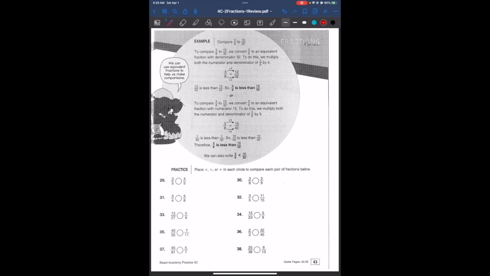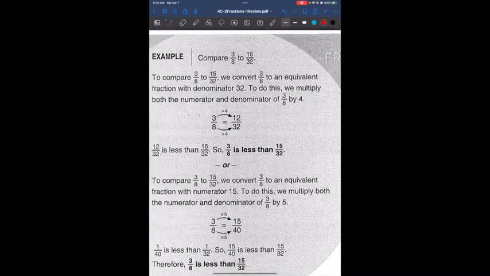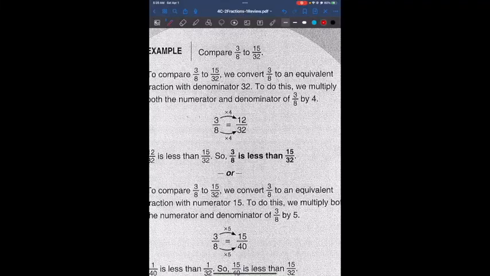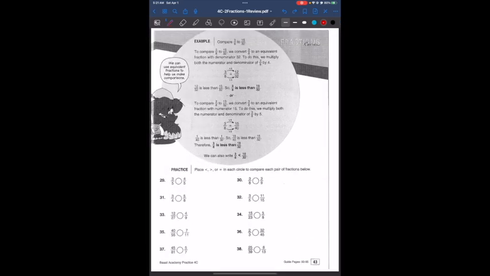And so now it says, compare 3/8 to 15 over 32. And so to get from 8 to 32, we multiplied by 4. To get from 3 to 12, we also multiplied by 4. So these two fractions are basically equivalent.